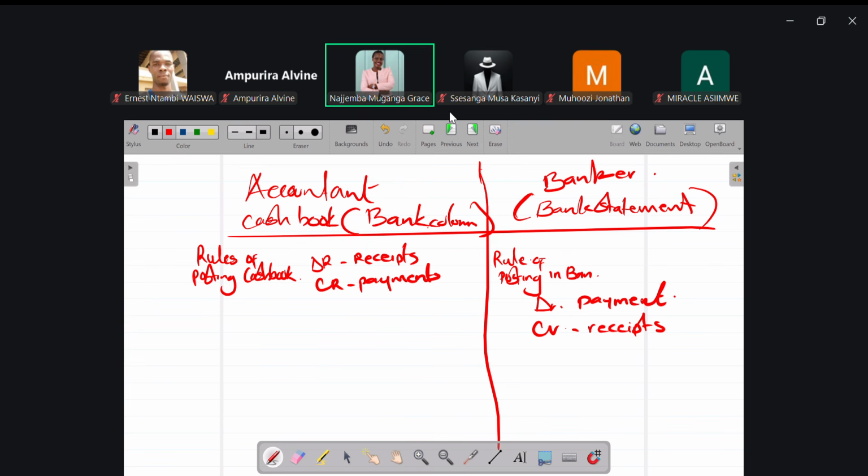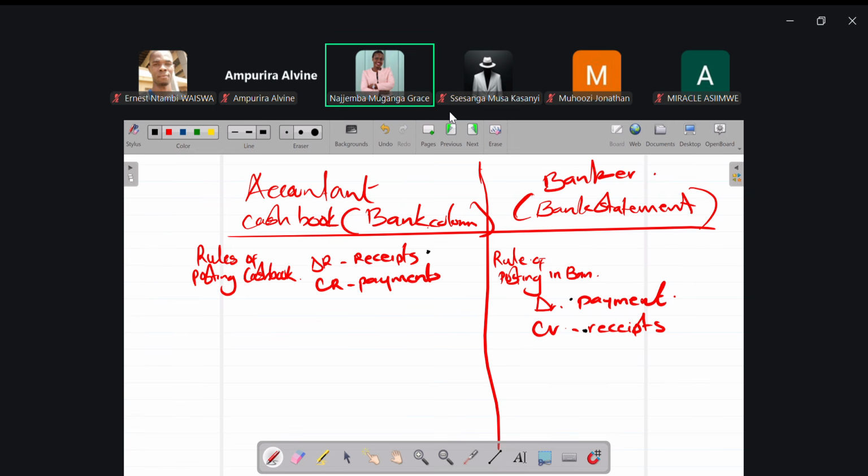I want us to move together. So you can all see the difference: in the cash book, when we receive, it will be a debit entry, and in case of any payments, we credit. But in the bank, whenever we receive money, we credit, and if it is a payment, we debit. Different from what happens in the cash book.